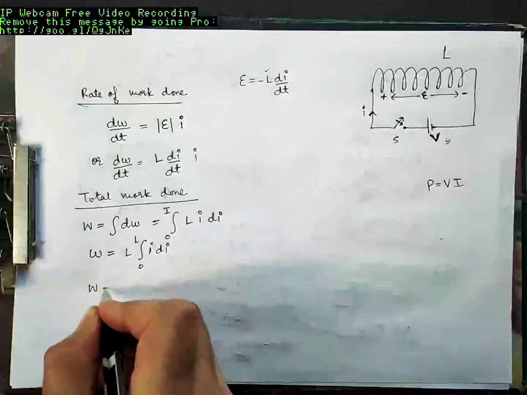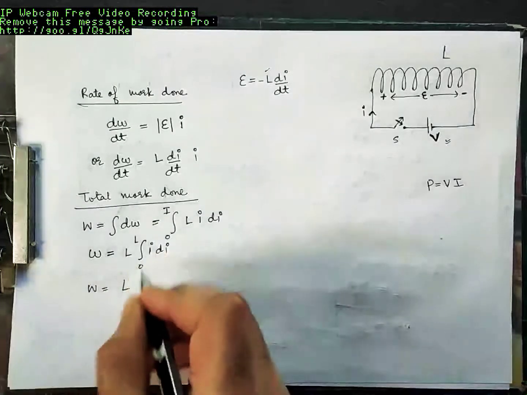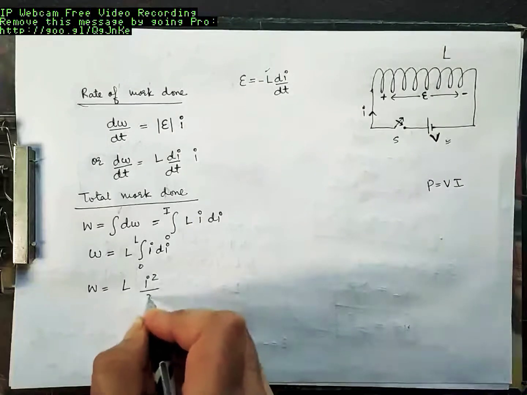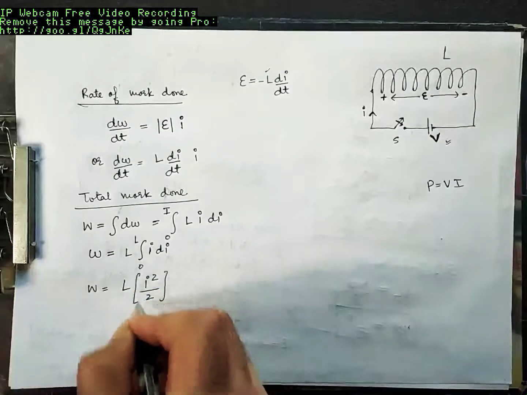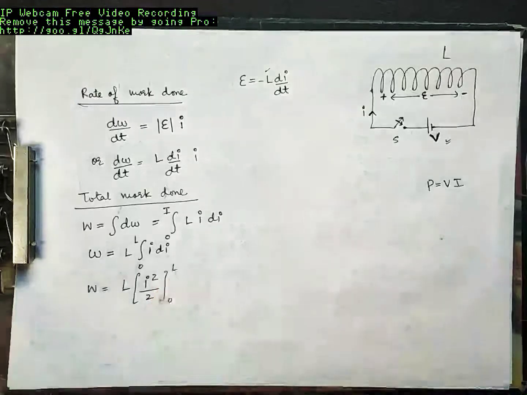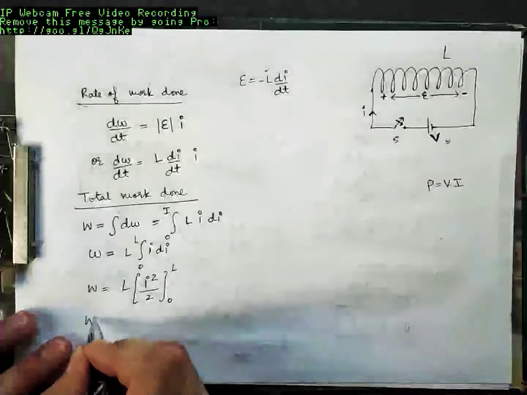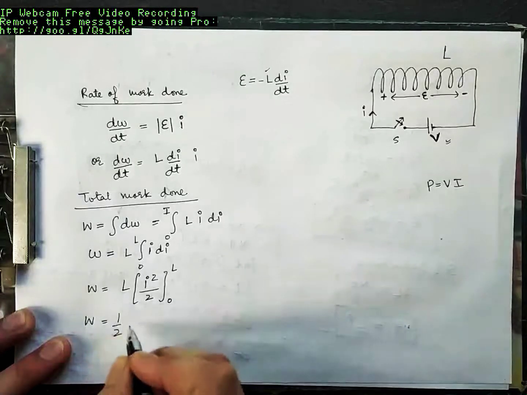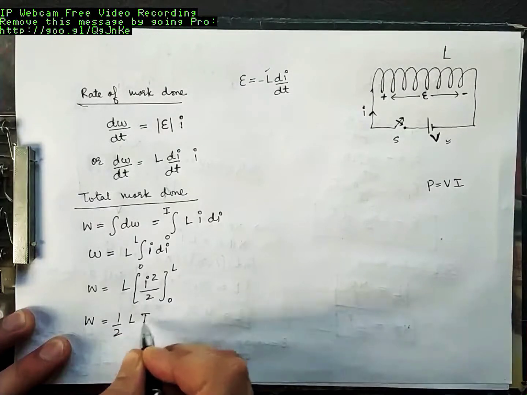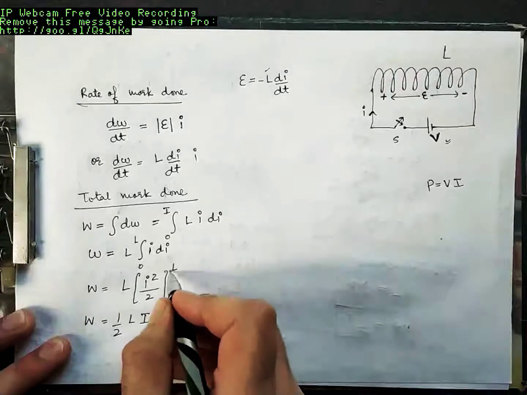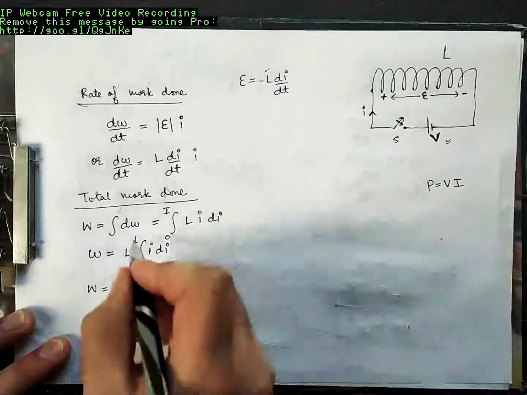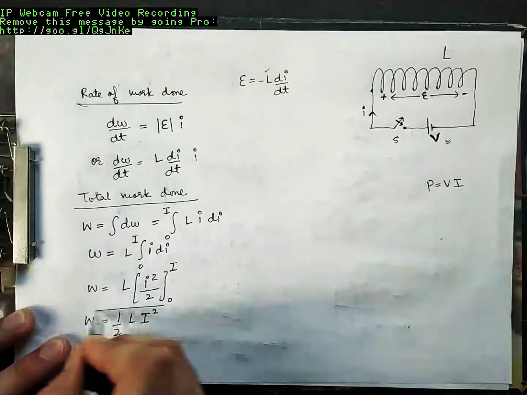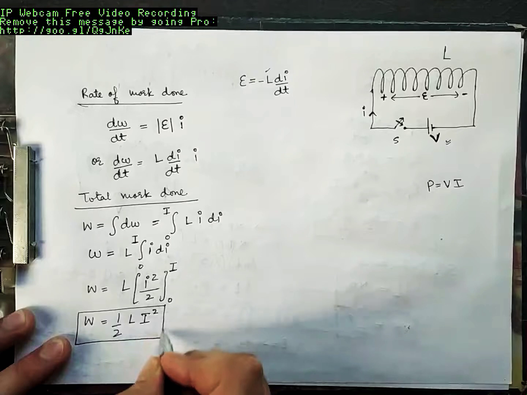Or work done W is equivalent to L. This is integration of x dx, so this is I square divided by 2, limits from 0 to I. That is, work done W is equivalent to 1 half of L I square.